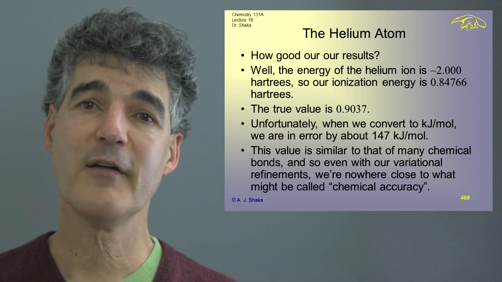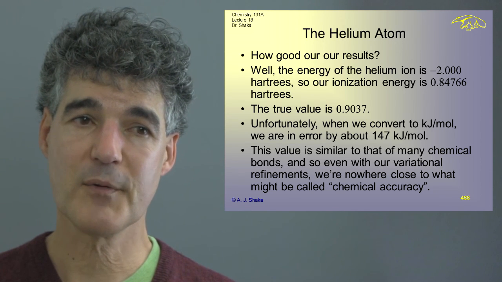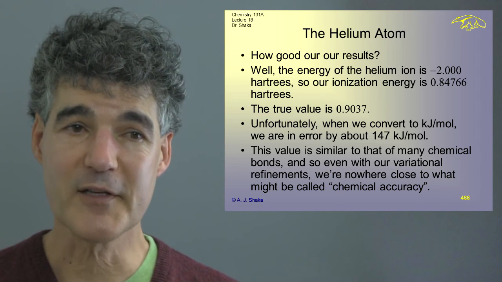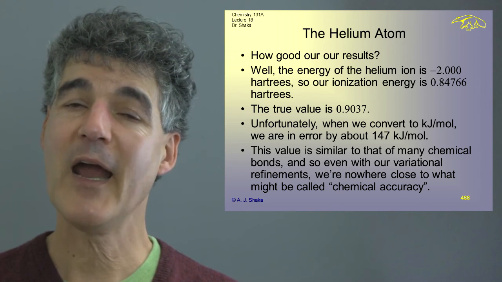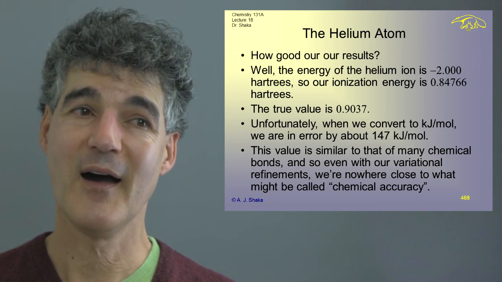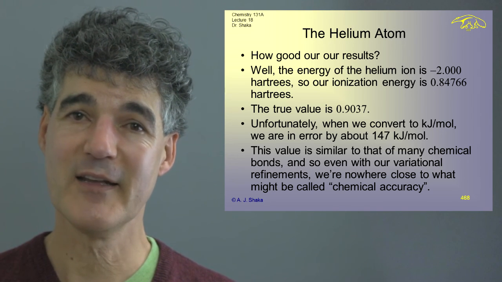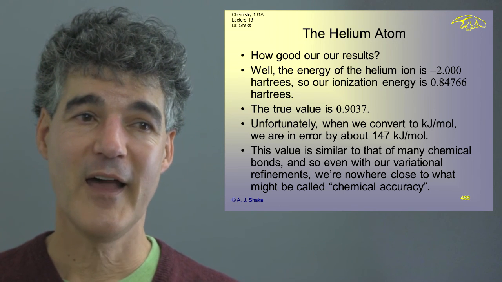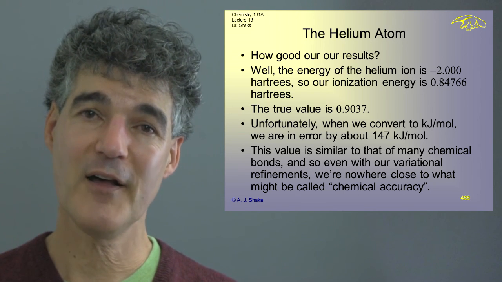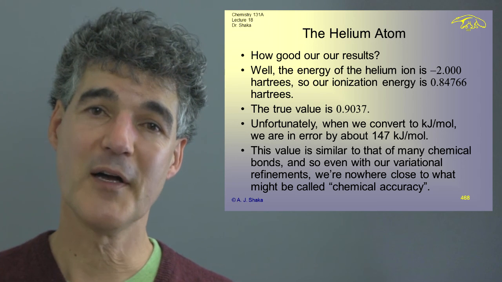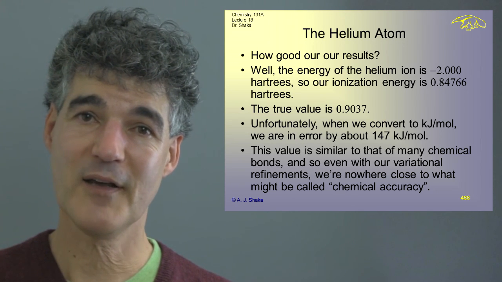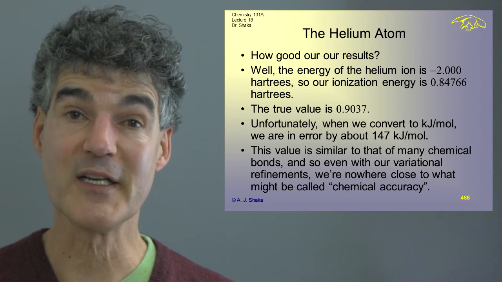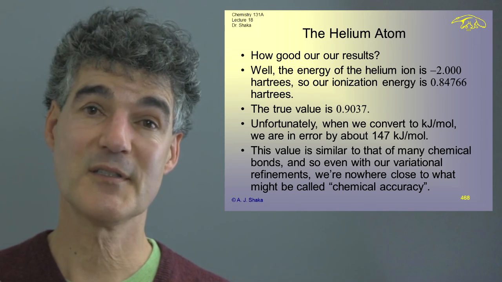When we convert that from Hartree to kilojoules per mole, which are more familiar units to a chemist, we find that we're in error by about 147 kilojoules per mole. That is similar to the value of many chemical bonds. Many chemical bonds have a value, it could be a weak bond, but that's a lot of energy as far as a chemist is concerned.